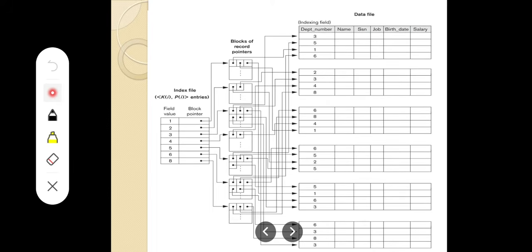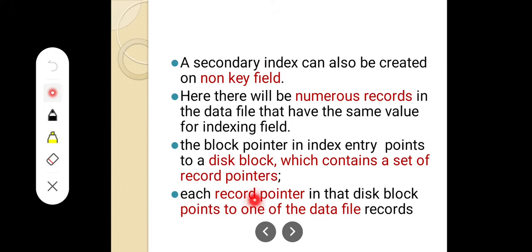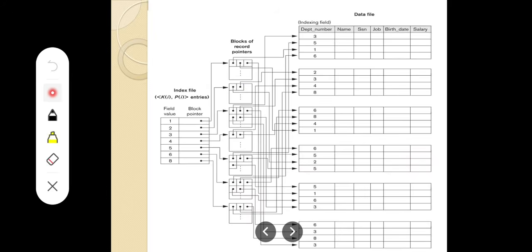Each record pointer in the disk block points to one of the data file records. So this record pointer will be pointing to a particular data file record. So this is the configuration of what? Secondary index and a clustering index.